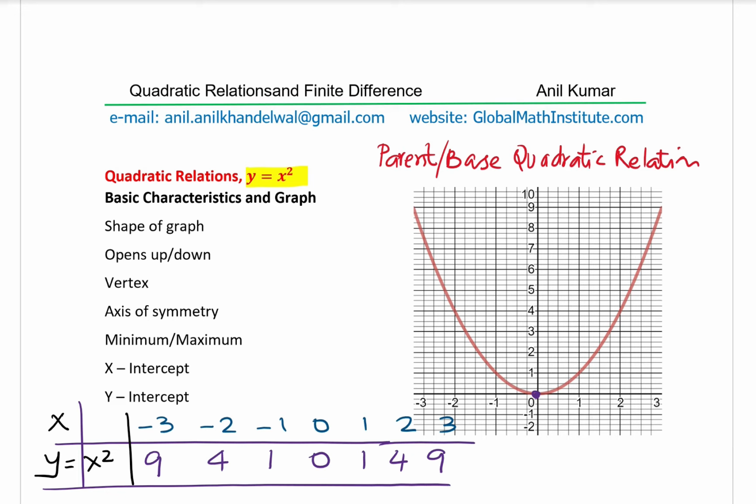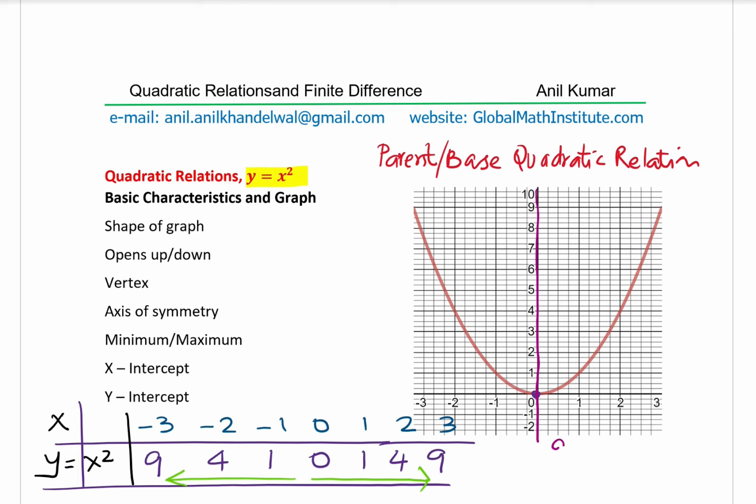x and y form a coordinate point. You will notice that these values are symmetrical. So if you go from 0 to this side, you will get 0, 1, 4, 9. And on the other side also, we do get the same set of numbers, 0, 1, 4, 9, right? So what do we interpret from here? That this particular line is the line of symmetry.